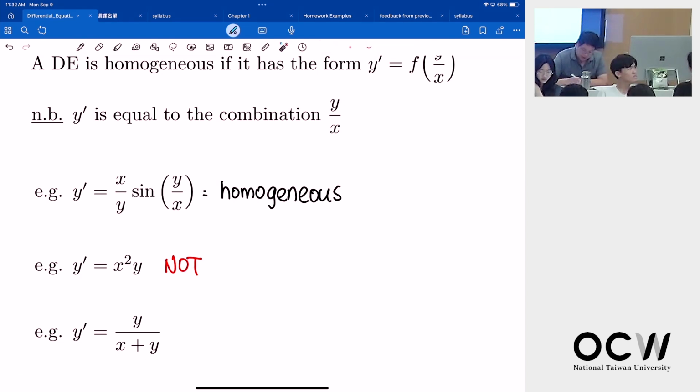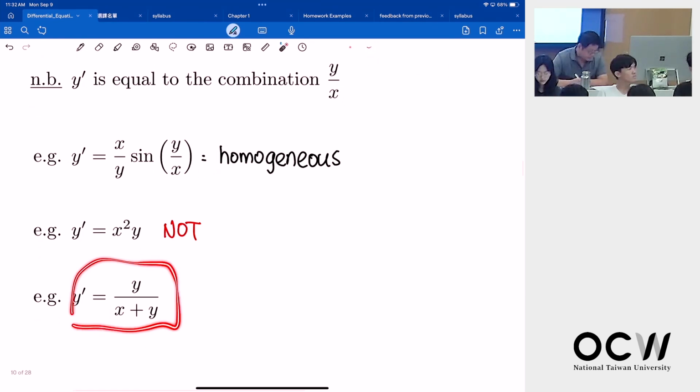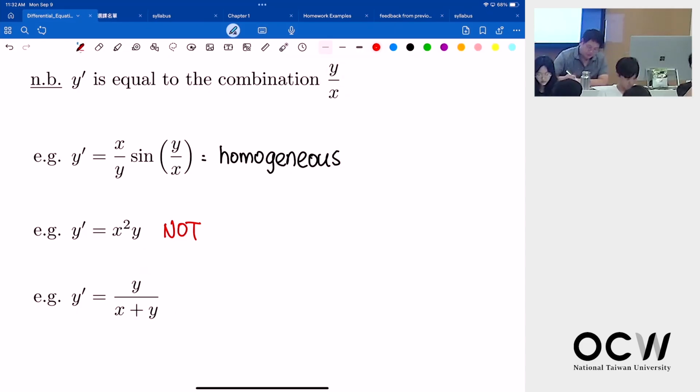And how about the last one? Is that homogeneous? Well, we don't have the y over x term, so this is also not homogeneous.